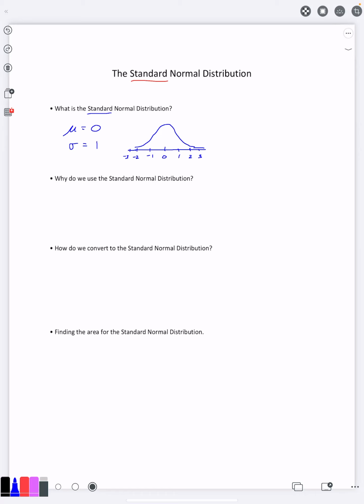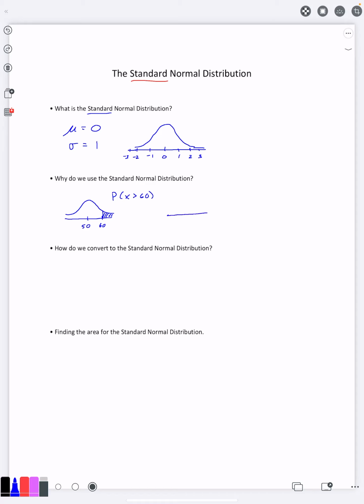Now, why do we care about this? Why are we making a big deal out of this? And this goes back to what I said in the previous video when we were trying to find areas. If I have a normal distribution and the center is at 50, and I want to find the area that is everything to the right of 60, that would be the probability x is greater than 60.